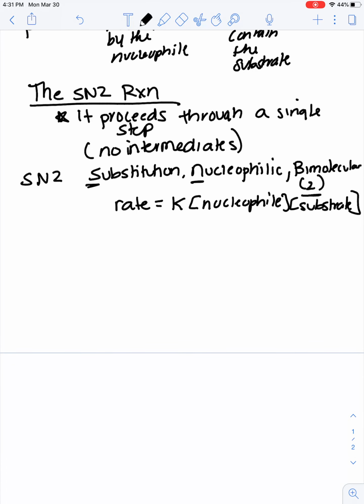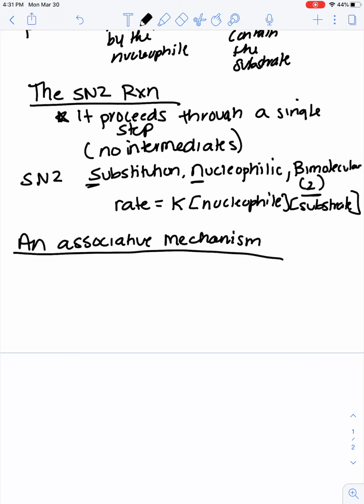An SN2 reaction is an associative mechanism. What associative mechanism means is that the bonds are going to break and form at the same time. So let's look at a general scheme of an associative mechanism. So if we have this, we would imagine this as our electrophile plus our nucleophile.